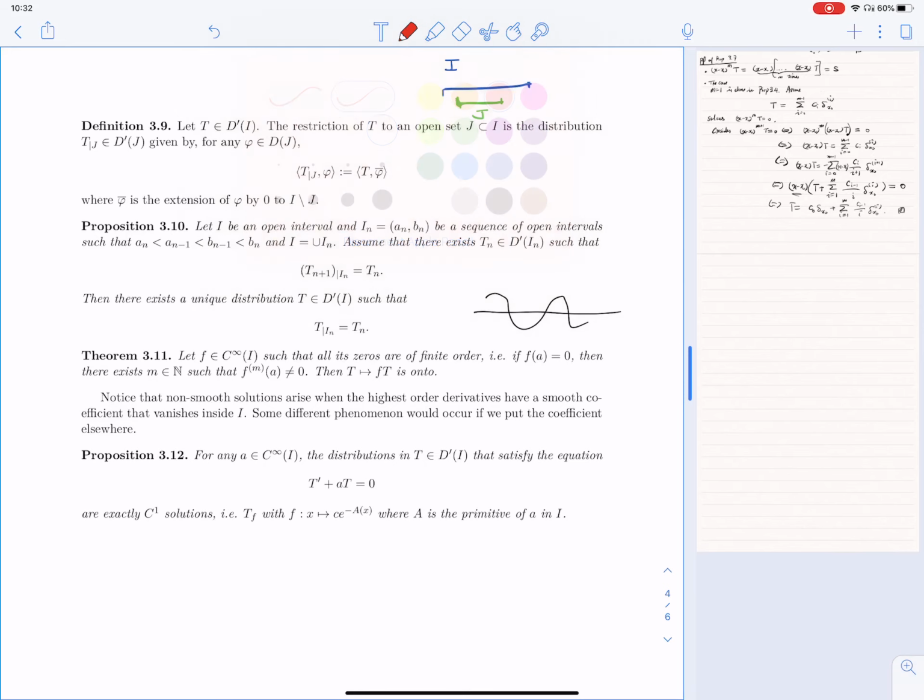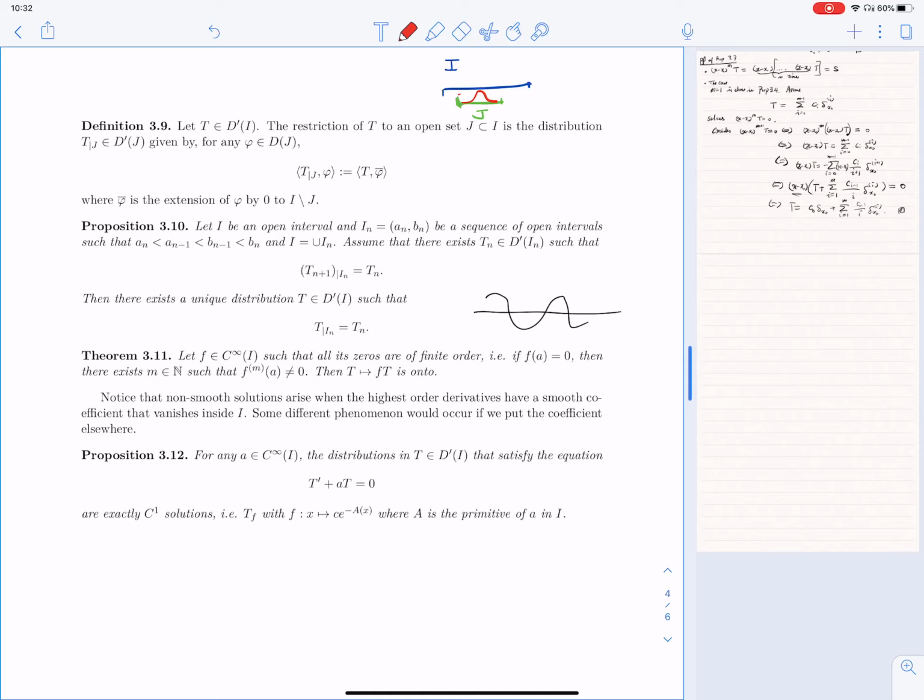So what we do is make an extension. Let's say this is our test function. It takes the value 0 outside of the interval J, so that its support is contained in J, right?